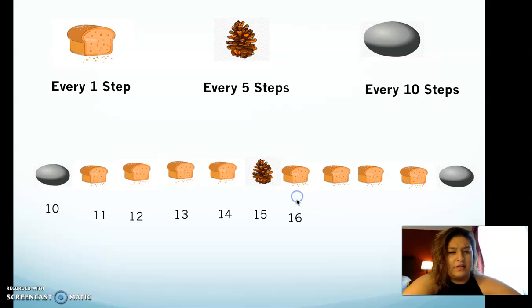Let's see, 15, 16, 17, 18, 19, 20. So from here to here was 10 steps. Ready? 1, 2, 3, 4, 5, 6, 7, 8, 9, 10. So from start to finish, I took 10 steps. So that's why there's another pebble.